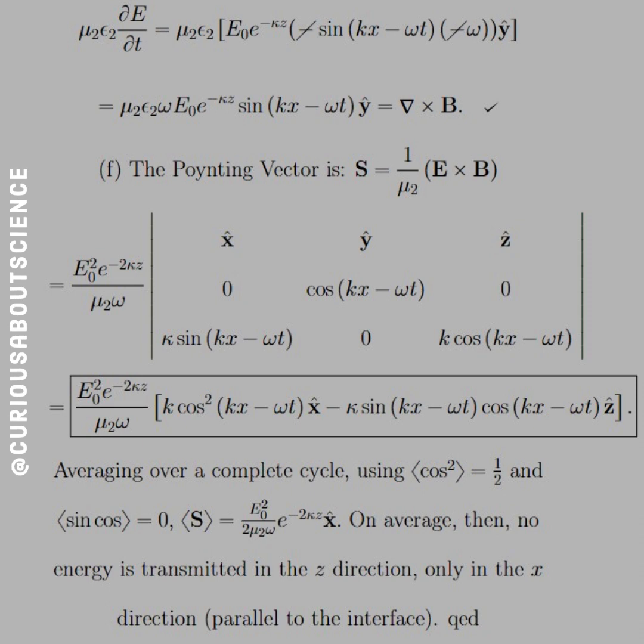Good to go. Next is this annoying Poynting vector, which is the cross product of E and B. Notice that when we do this, we can factor out E naught and e to the negative kappa z. 1 over mu 2 just stays there from the Poynting vector, and I believe the B had an omega factor.